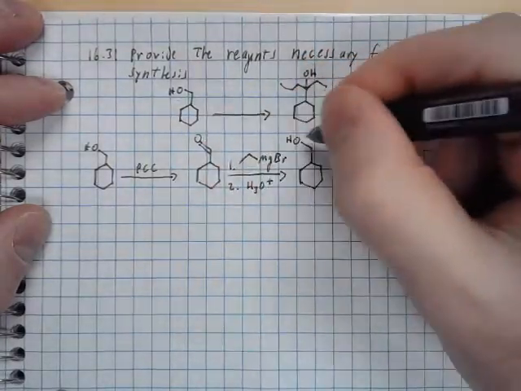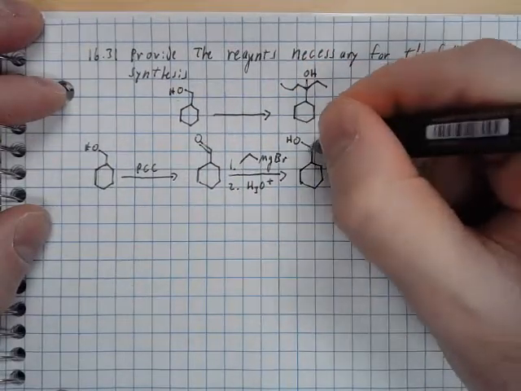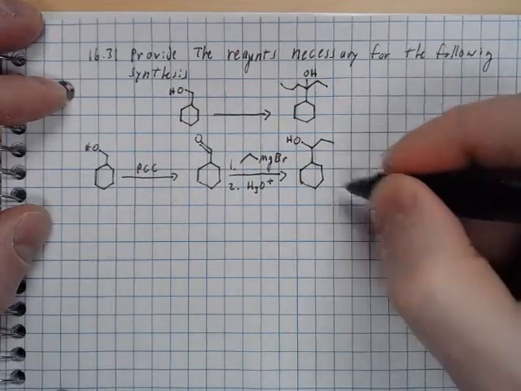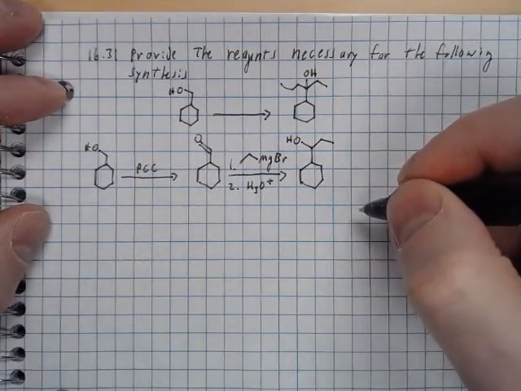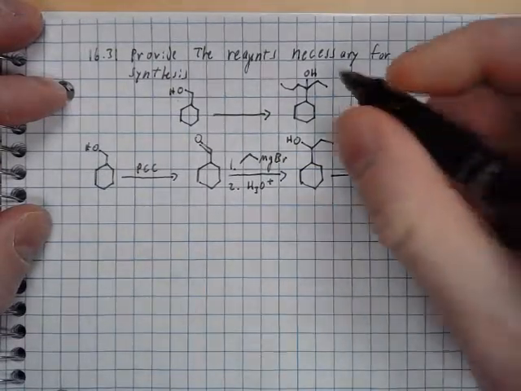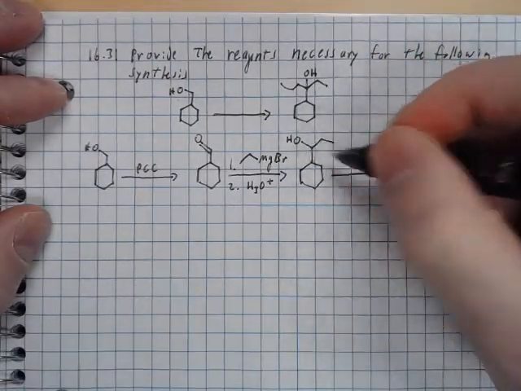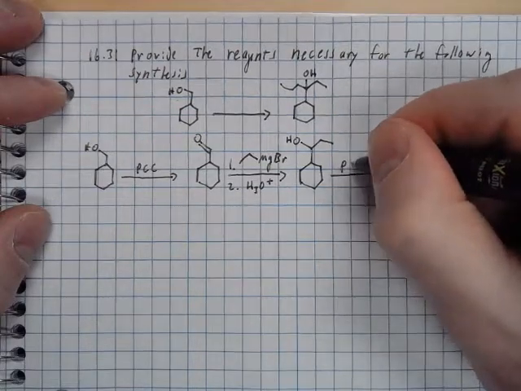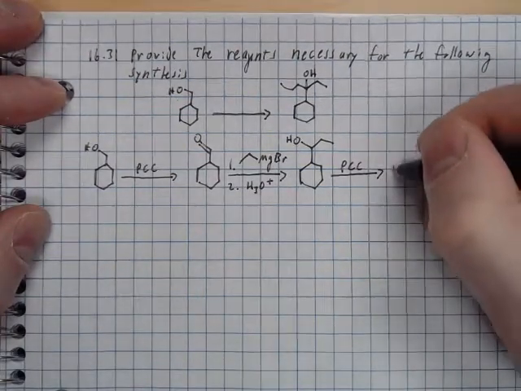We'll convert the carbonyl back to an alcohol and add an ethyl group to that carbonyl carbon. So now to add the propyl group, we need to convert that alcohol back to a carbonyl.